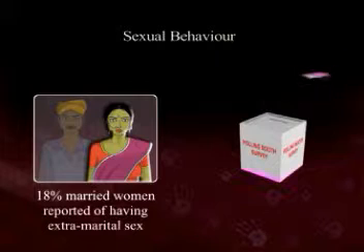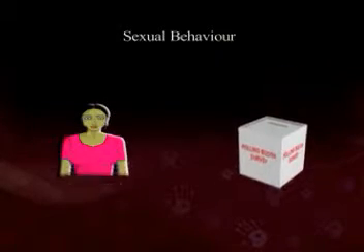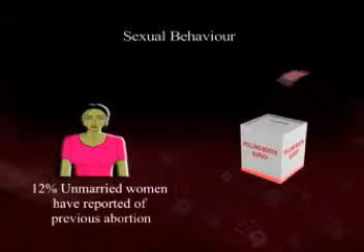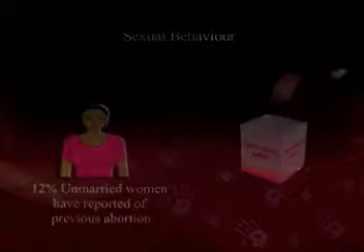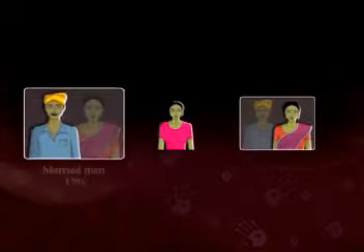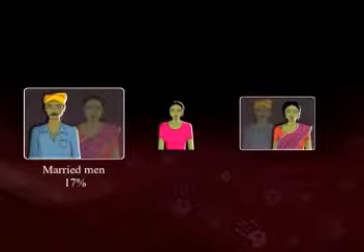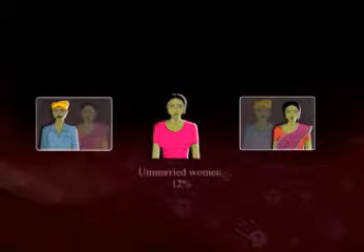And 18% of the married women have also reported having either premarital or extramarital sex. 12% of the unmarried women also reported some kind of previous abortion, which shows very clearly that in this population, in this particular district, men and women, married, unmarried, are engaging in high risk sexual behaviors.